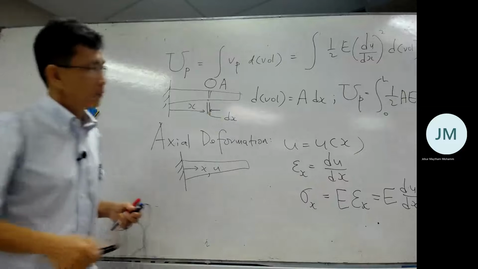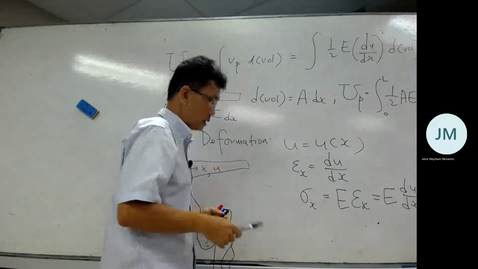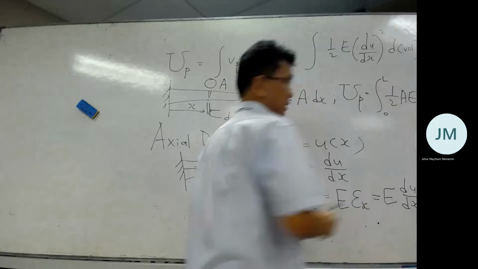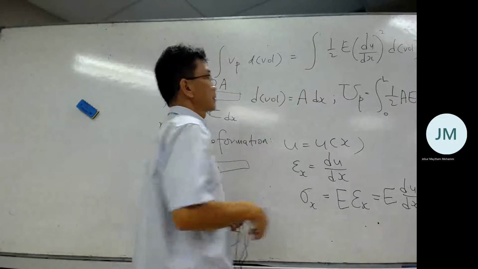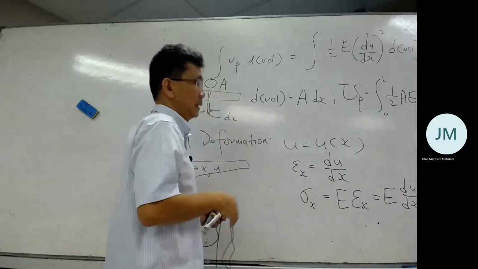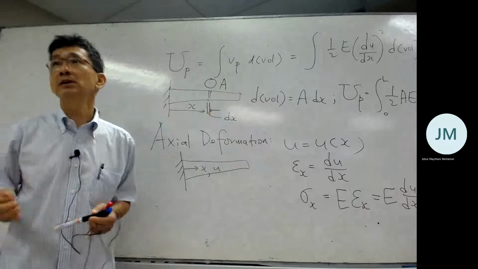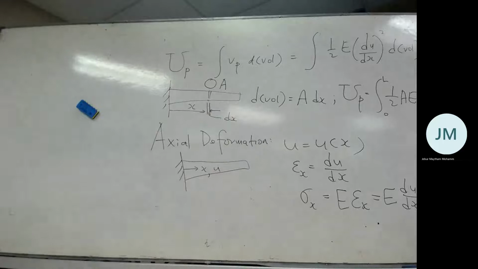Later, when we see the application of this, we make assumptions. In our later approach to solving problems, we want to solve for U. We don't know what U is, but we make assumptions about the solutions, maybe sine, cosine, maybe polynomial.